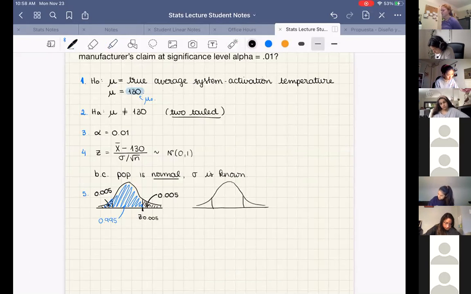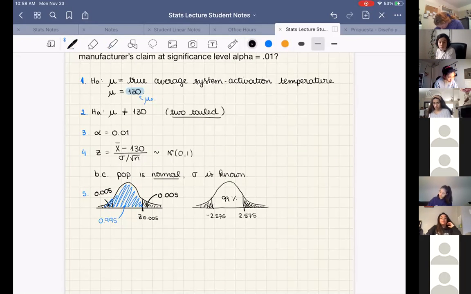So the region in the middle is going to be 99%. If this is 2.575 or minus 2.575, this is going to be my rejection region, which I can phrase as Z being larger in absolute value than 2.575.